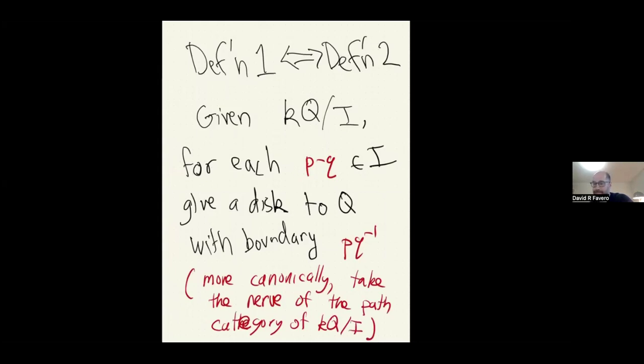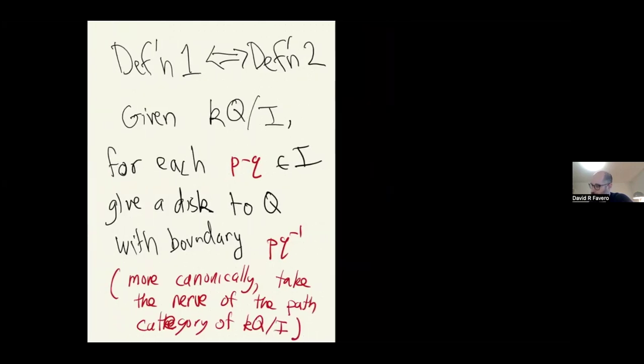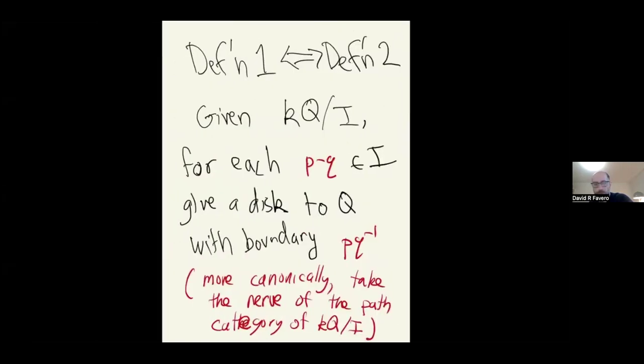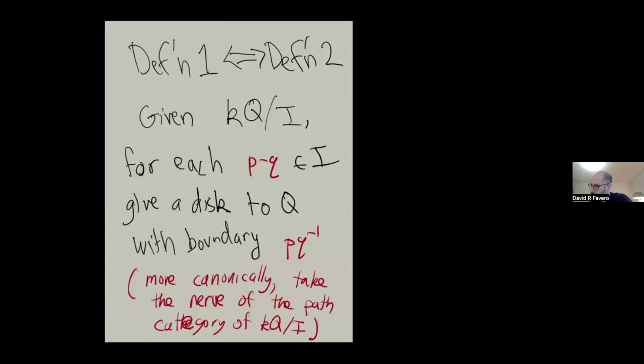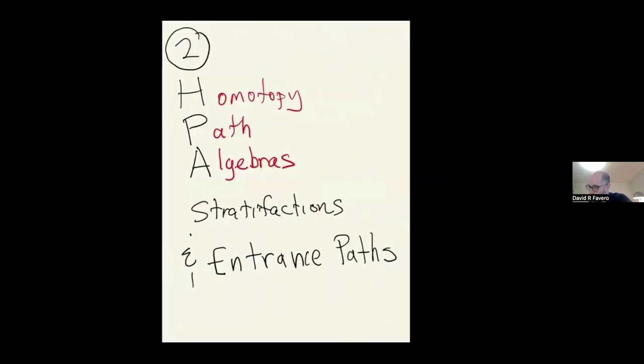Audience: But this nerve, you view it as a simplicial set and then take its topological realization? That's right. Yeah. If you have other questions about that, I have lots to say about it, but I'm not going to say anything about it now.